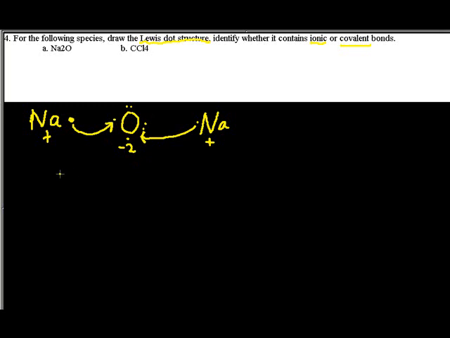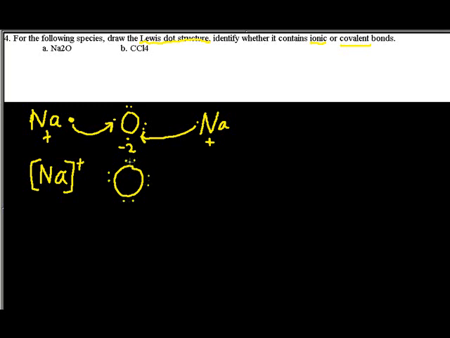So the way we would draw this is the following. We would say that Na has no more electrons on the outside of the original valence shell. It exists now as a positive ion. Oxygen has 1, 2, 3, 4, 5, 6.